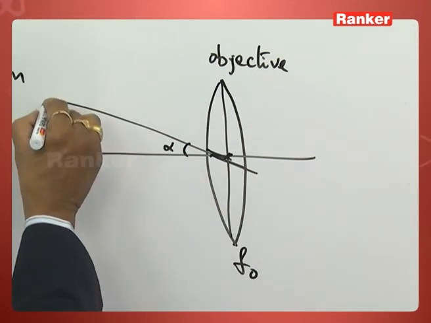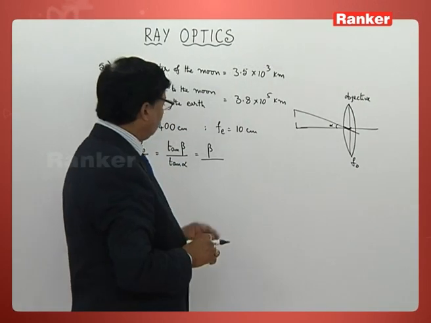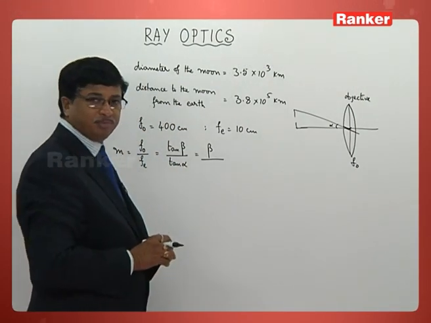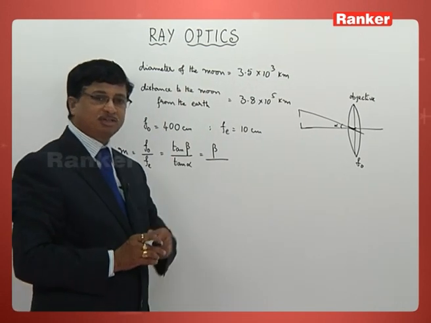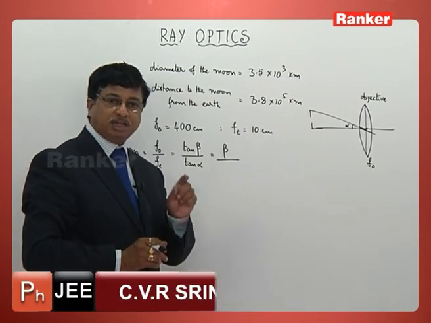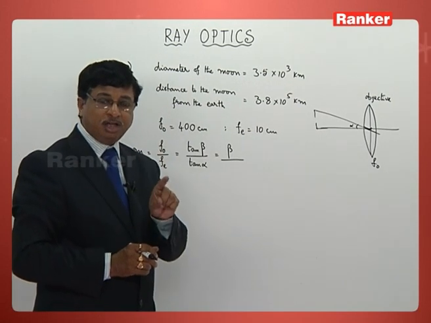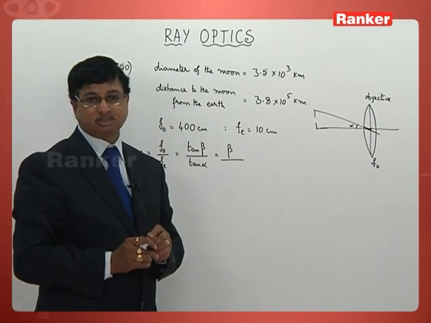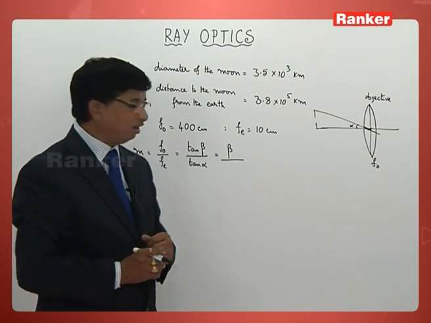Then tan alpha is opposite by adjacent. The opposite side is nothing other than the size of the object, which in this case is the diameter of the moon.